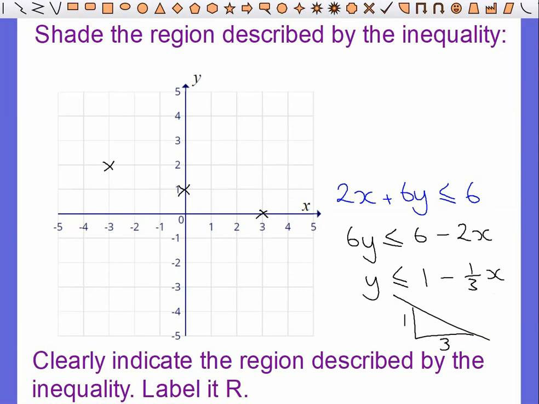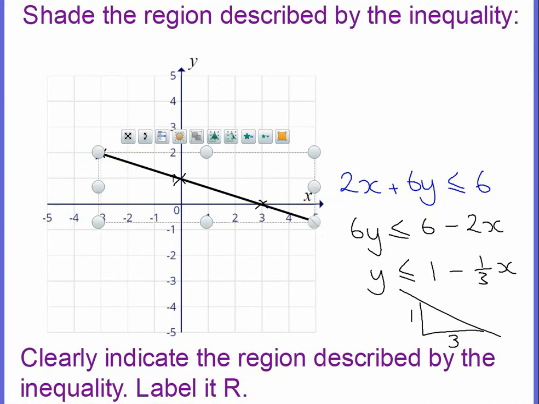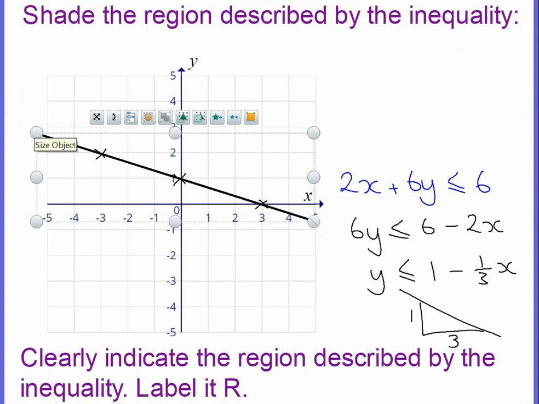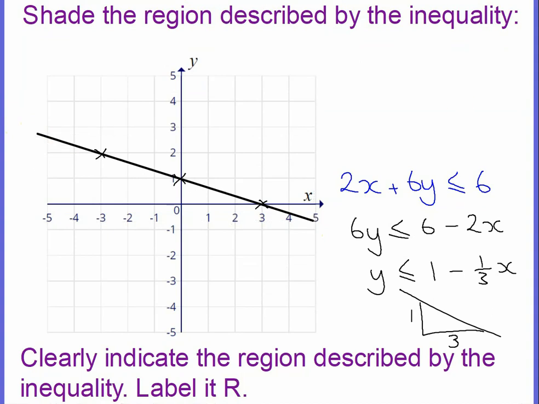So I'm going to draw the line. So I'm drawing the line y equals 1 minus a third of x. I'm just going to try and extend that all the way across. There we go. Now, when it's rearranged, it's much easier to visualize. We want the y values that are lower than what they are on the line. So the y values are lower when we go down.